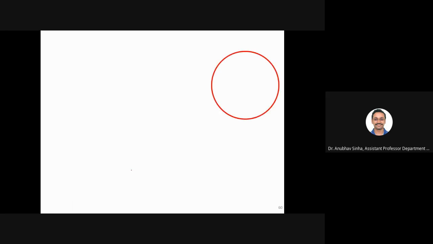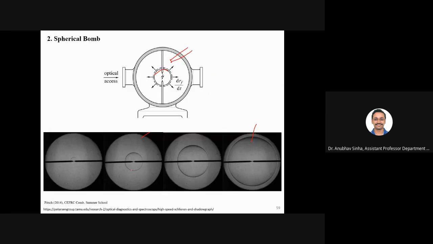If I measure this radius with time, dr by dt, will it be the flame speed? If I measure how this flame radius is expanding with time, I will get dr_f by dt.